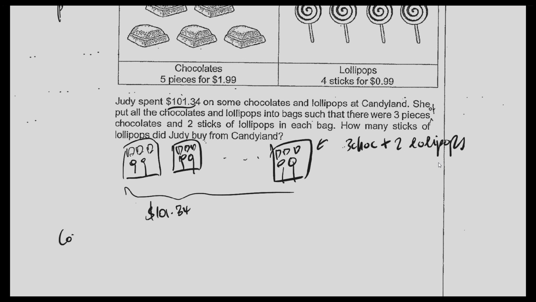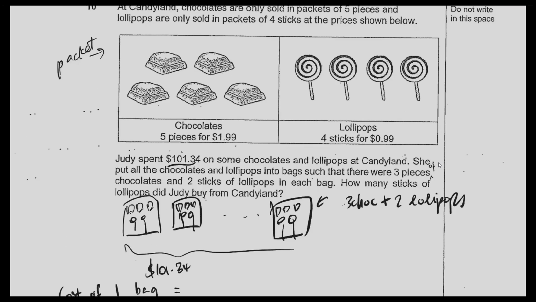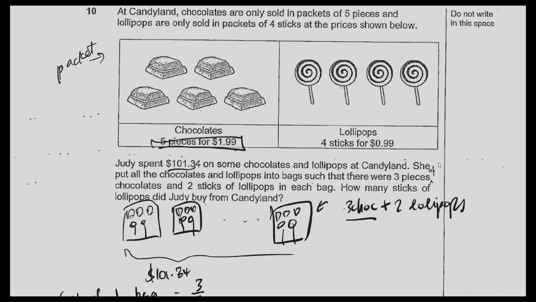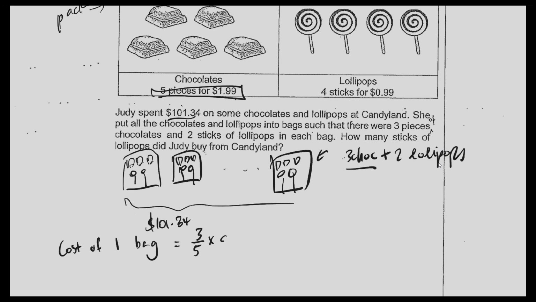The cost of one bag is equivalent to, because it's 3 chocolates, 3 out of 5, because right here is 5 chocolates for $1.99, so that'll be 3 out of 5 times $1.99 plus 2 out of 4 times 99 cents, right?